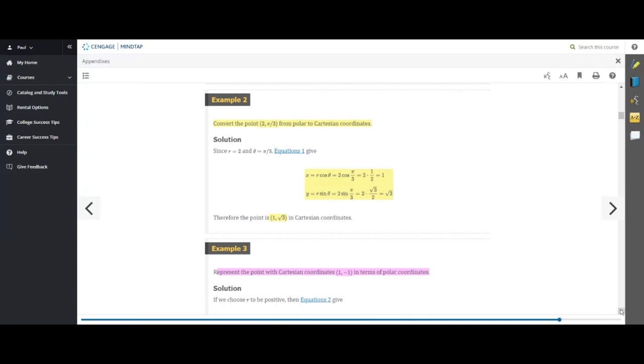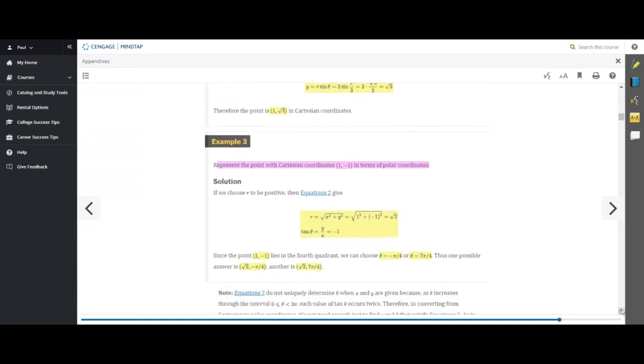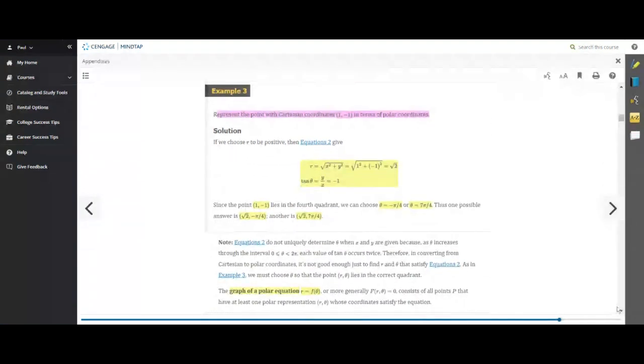These are pretty straightforward examples. In example 3, they want you to represent the point with Cartesian coordinates 1, negative 1, in terms of polar coordinates. Well, 1, negative 1 lies in the fourth quadrant, and the reference angle is 45 degrees.